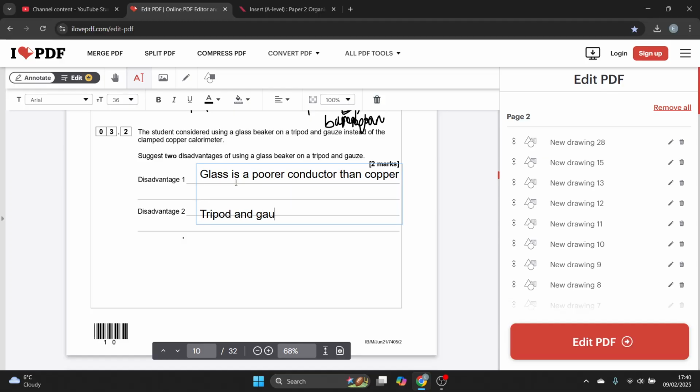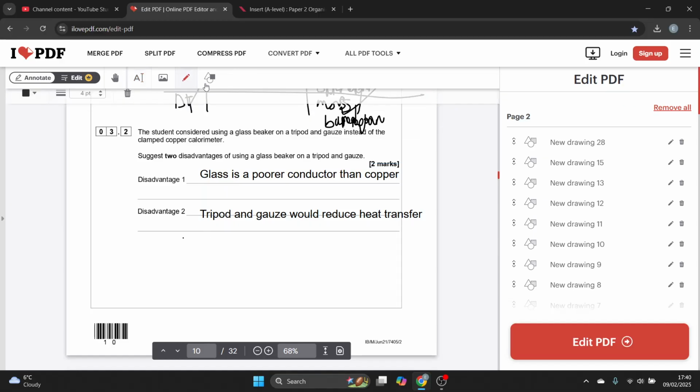Tripod and gauze would reduce heat transfer. So, glass is a poorer conductor than copper. Tripod and gauze would reduce heat transfer.